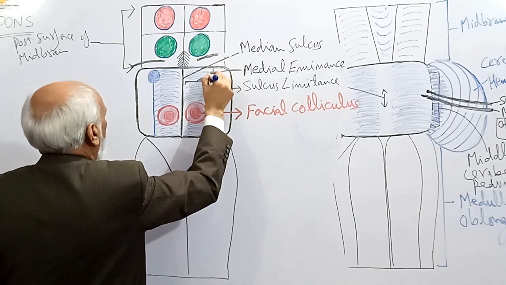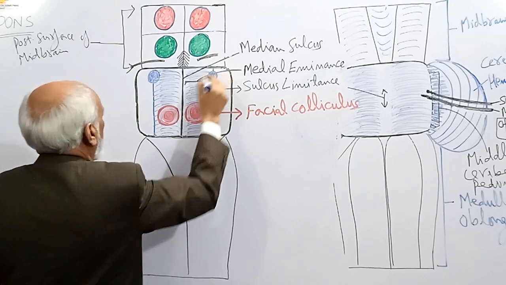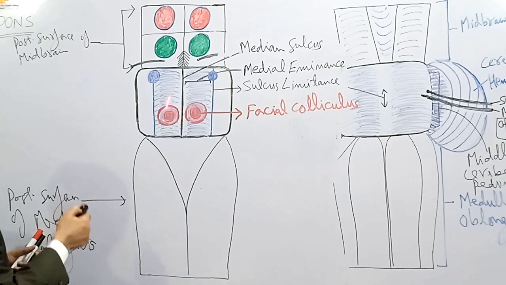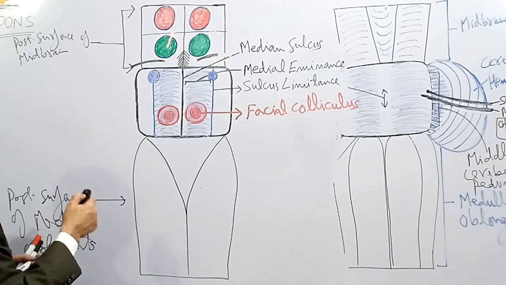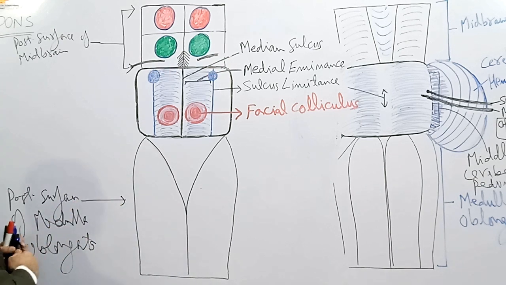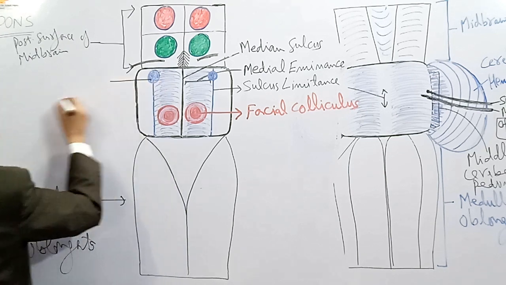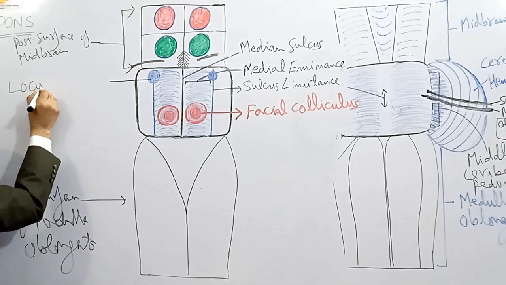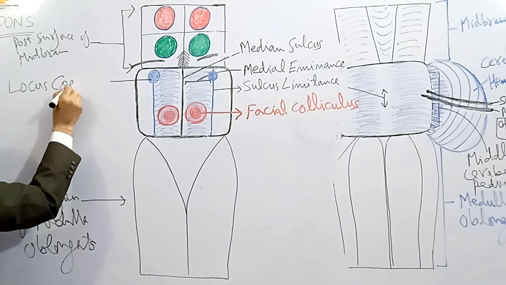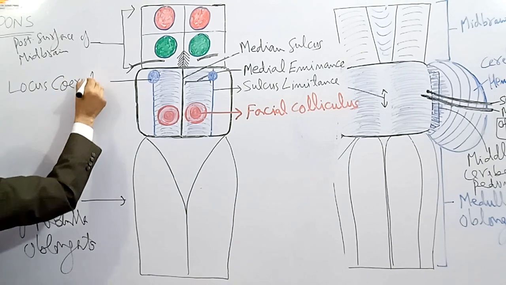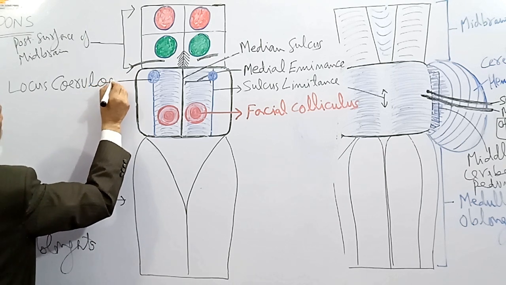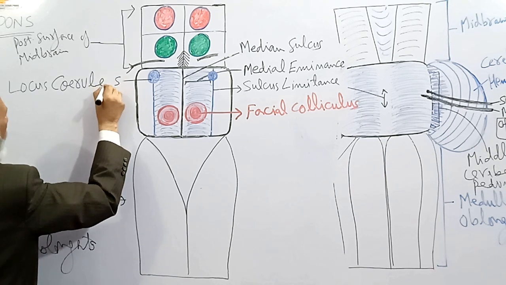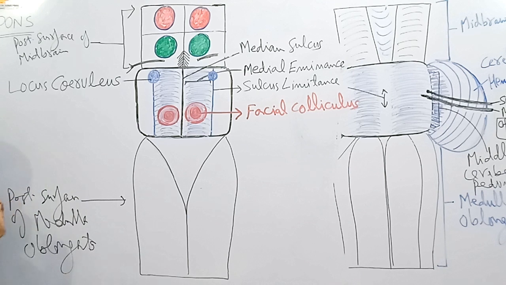This is sulcus limitans, and at the upper end there is a small blue area on each side. This is known as locus coeruleus.